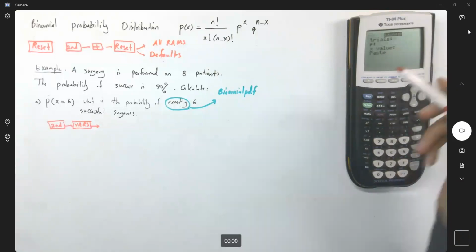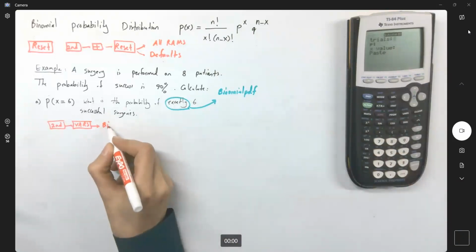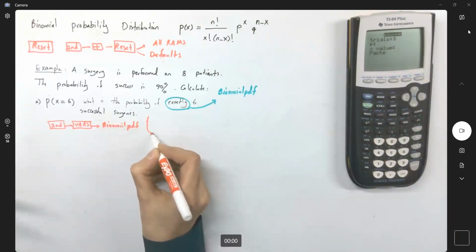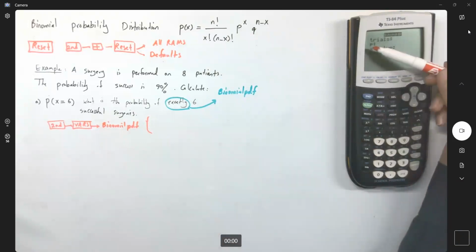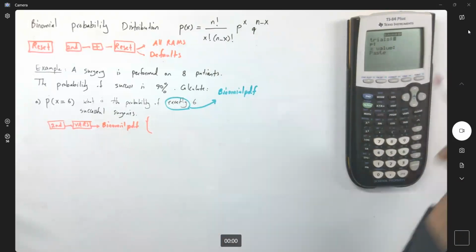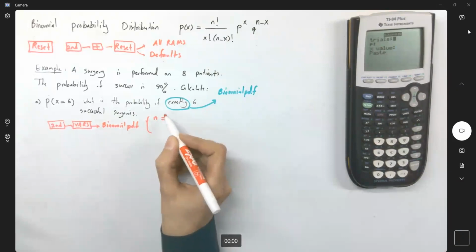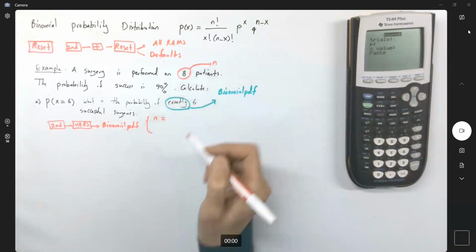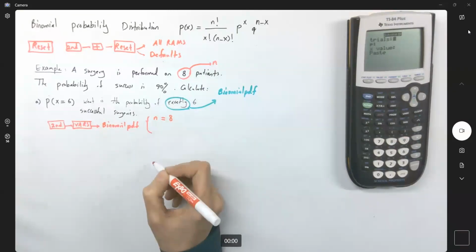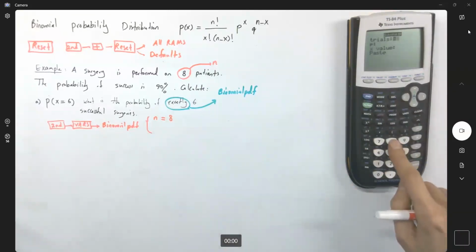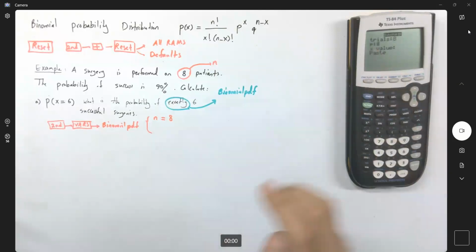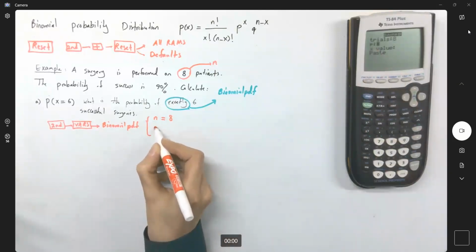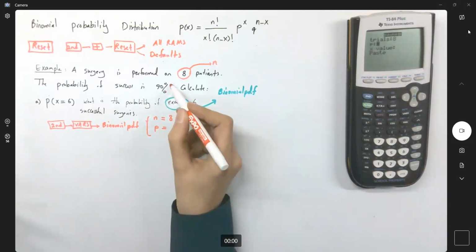Now, when you click on binomial PDF, we need to enter some information. The number of tries, n, we know that we have 8 patients. This is the number of tries, 8. The second one is p, the probability of success. We know the probability of success is 90%.